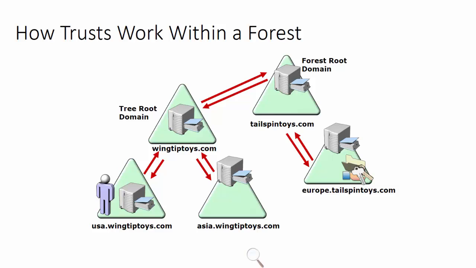But this picture always gets some people confused. Look at the picture and tell me, is it one forest or two forests? Are we talking about two forests connecting to each other, or something else?